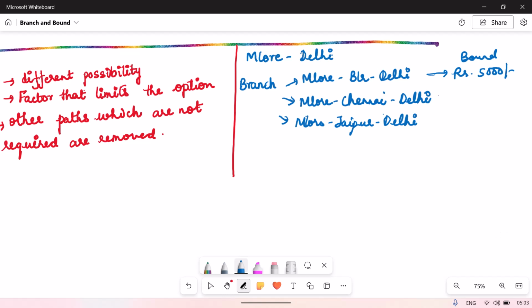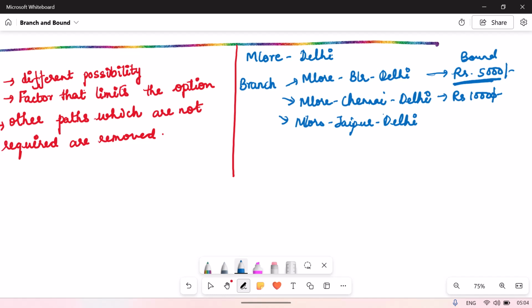Based on this bound factor, I will leave off all the other paths which are more than the bound factor. Right now I have a solution and I'm exploring the other options. If another option is worse than my current solution, then I will leave it off. That leaving off part is prune. But based on the bound factor only, I will then go ahead.